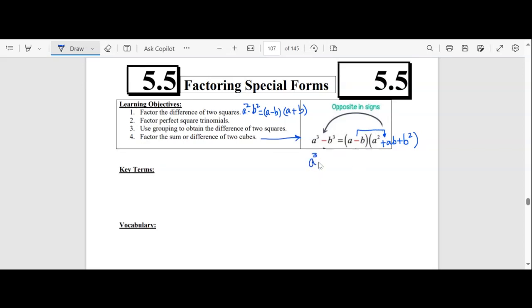So if I have it like this, for example, in this case, it's going to be A plus B. And here it's going to be A squared. Now, since this is plus, this becomes a negative. Okay. Those are some of the formulas that we're going to use for section 5.5.